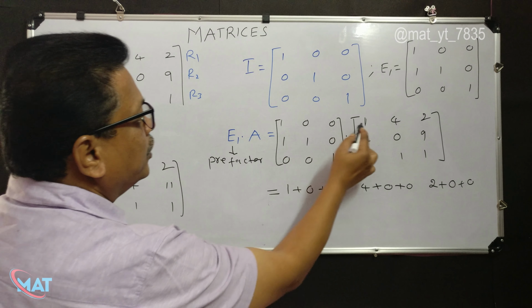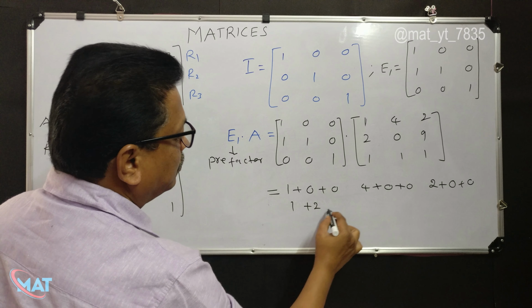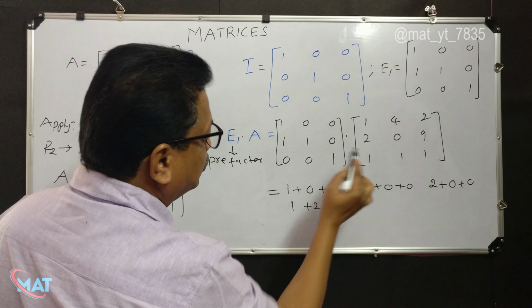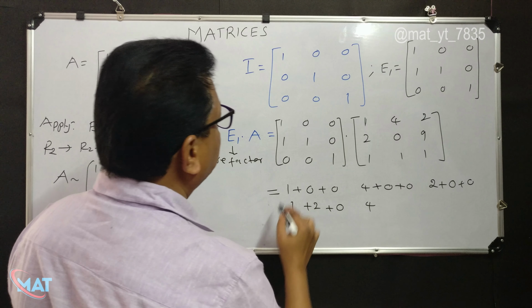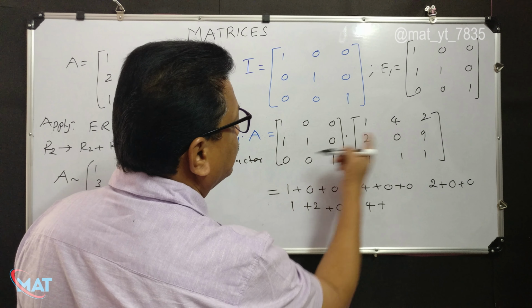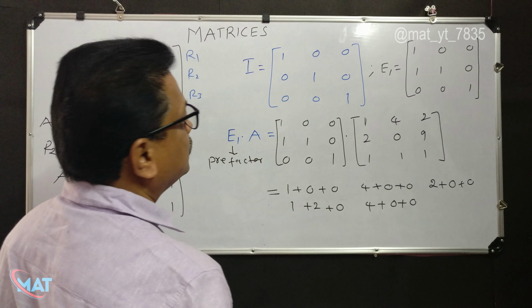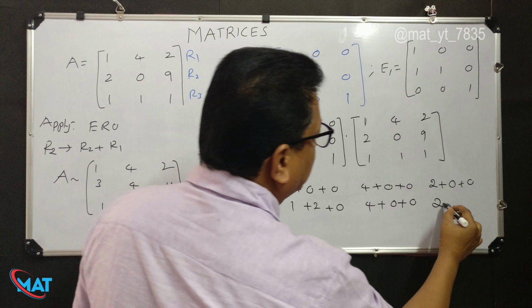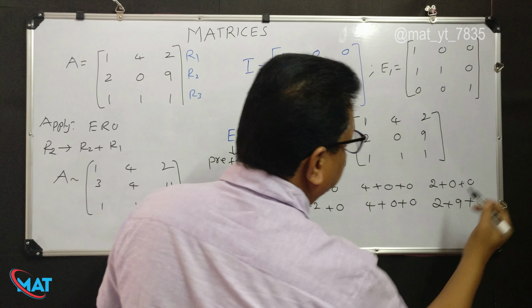Next, 1 into 1, 1 into 2, 0 into 1. Similarly, 1 into 4 plus 1 into 0, 0 into 1. 1 into 2 plus 1 into 9 plus 0.